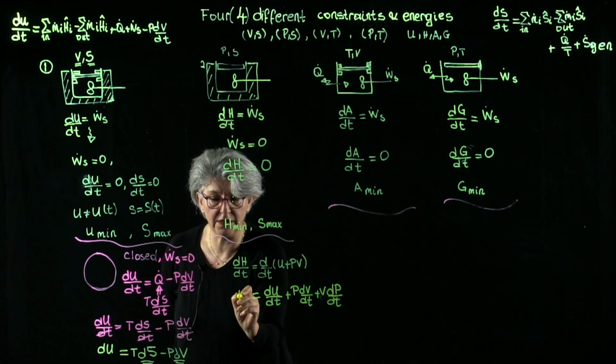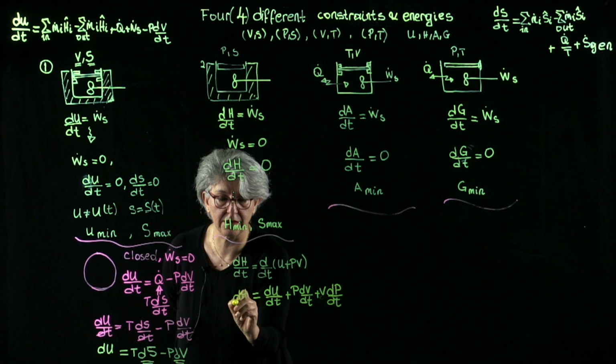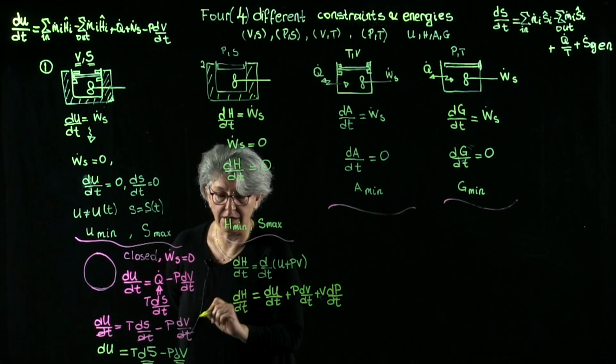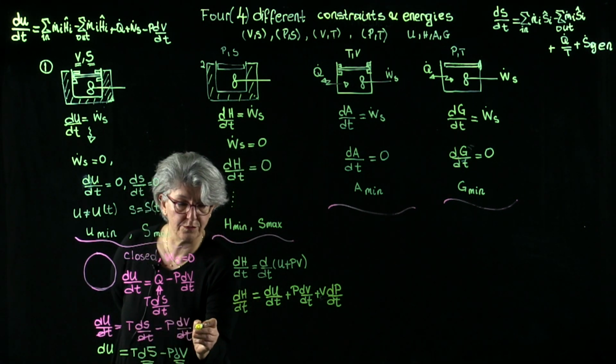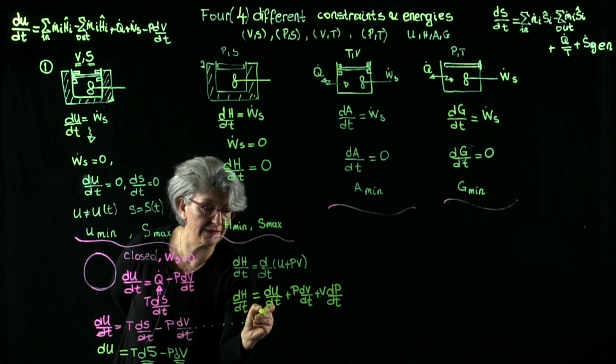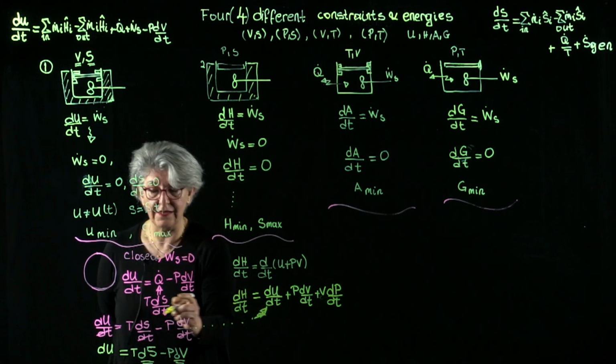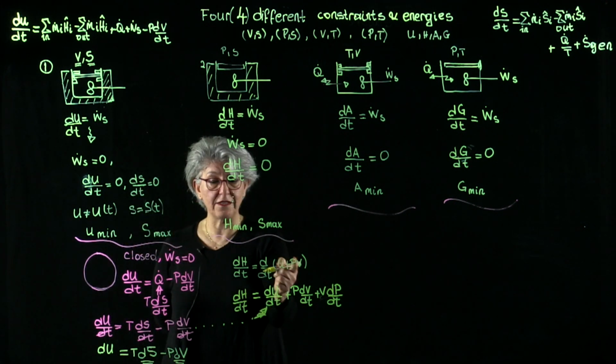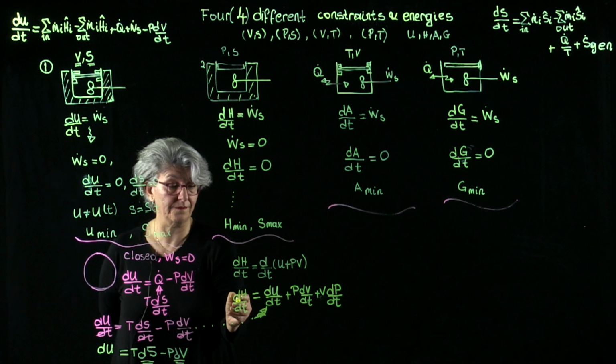I'm going to bring dU/dt from here as T dS/dt minus P dV/dt.